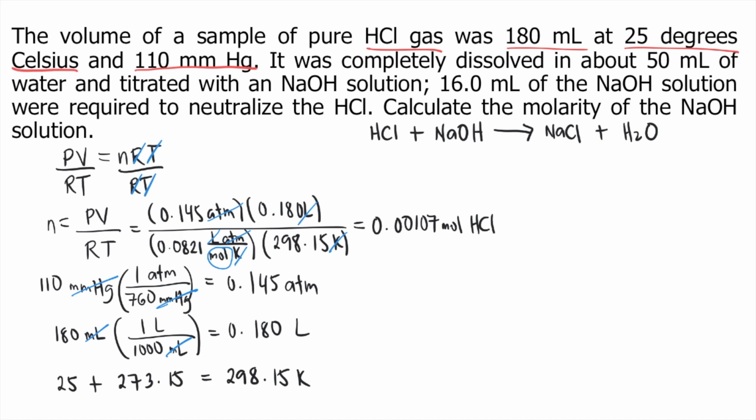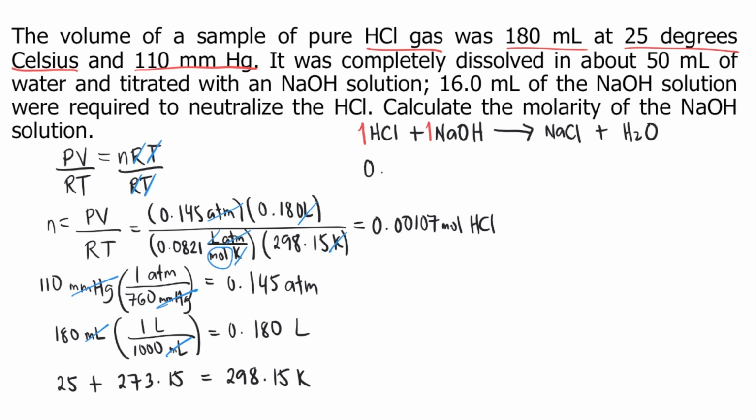As you can see from the reaction, what is the ratio between HCl and NaOH? For every 1 mole of HCl, it reacts with 1 mole of NaOH. So the mole ratio is 1:1. How do we apply that to this problem?